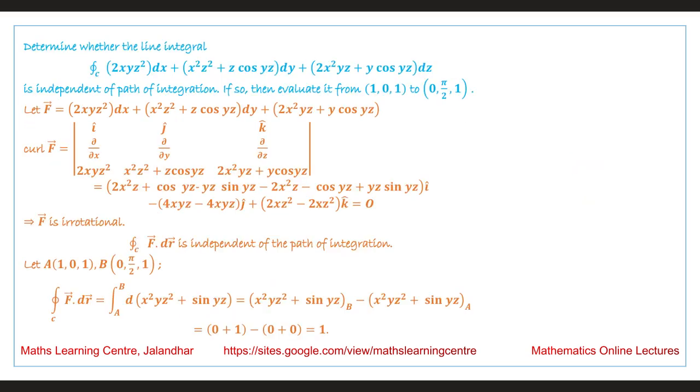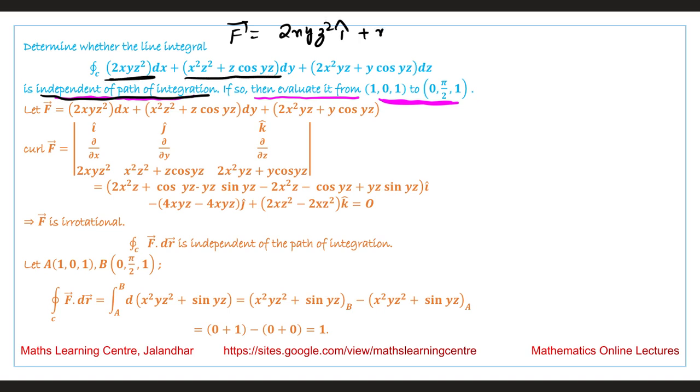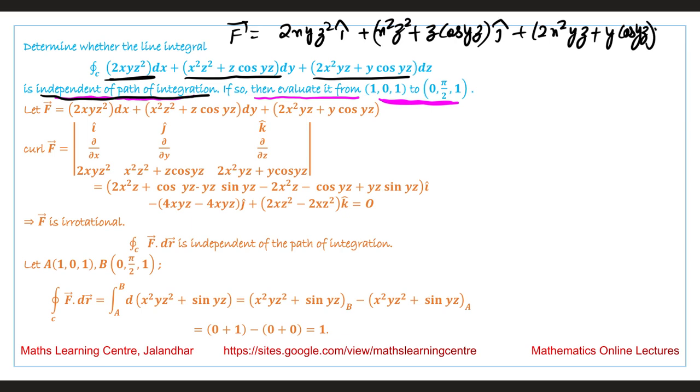Next is: determine whether the line integral is independent of the path of integration. If so, then evaluate it from this point to this point. So to prove that this integral is independent of path of integration, we have to prove that the function F vector is equal to 2xyz square i cap, plus (x square z square plus z cos yz) j cap, and the last term is plus (2x square yz plus y cos yz) k cap.